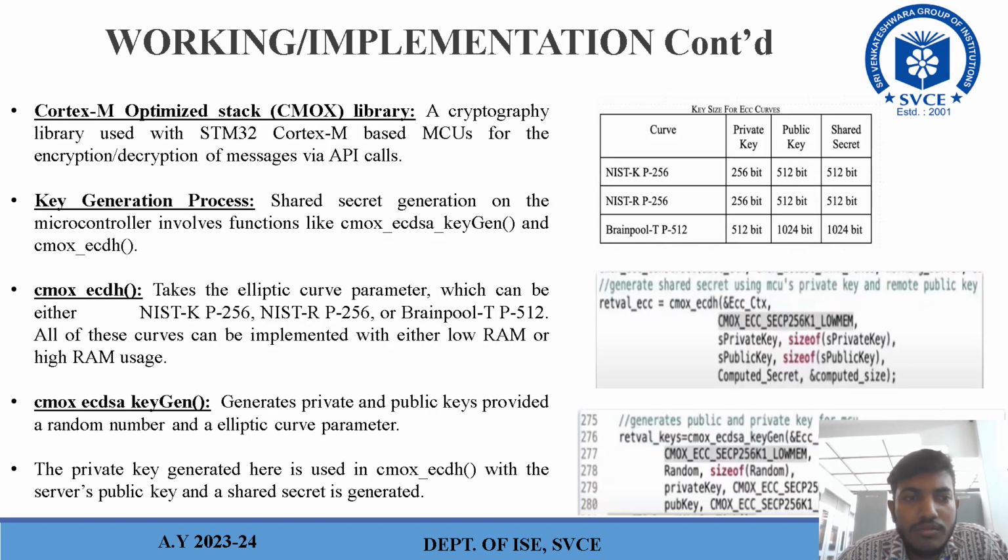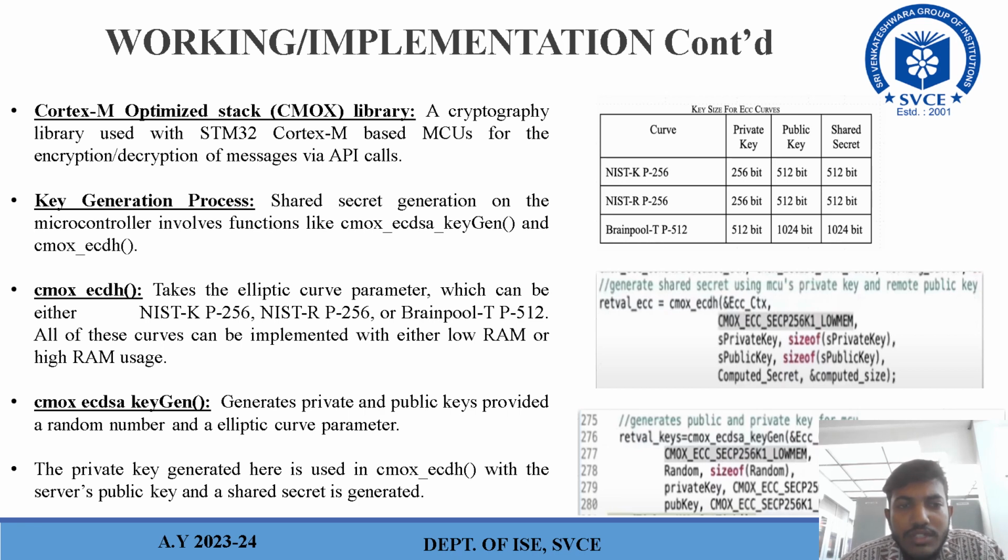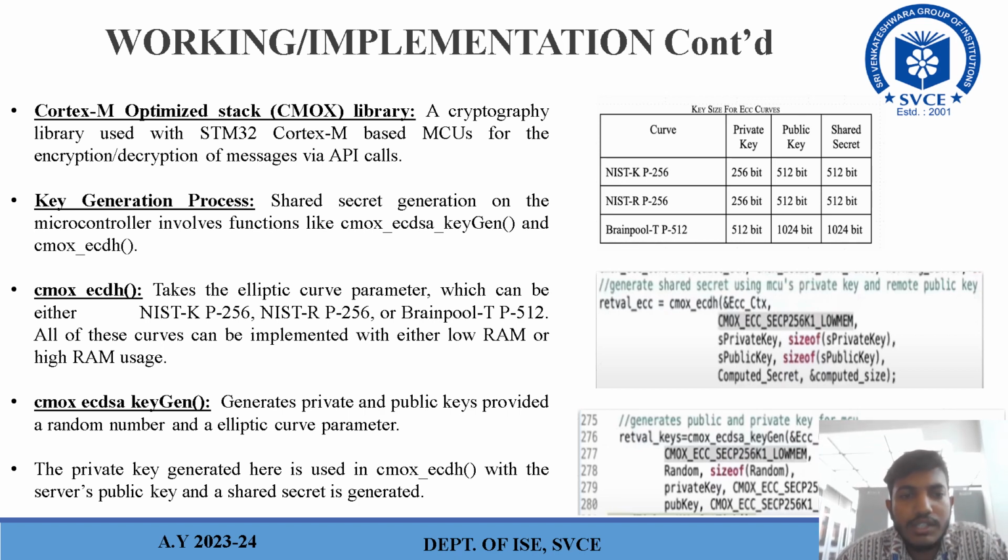Next, Cortex M optimized stack, that is the CMOX library, a cryptography library used with STM32 Cortex M based MCU, that is microcontrollers, for the encryption and decryption of the message via API calls, and key generation process.